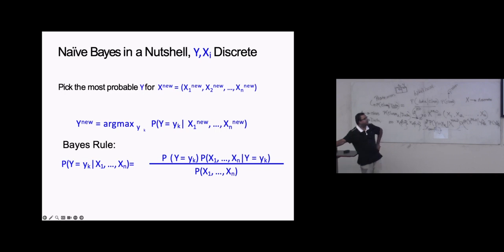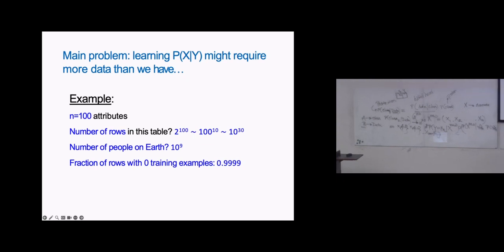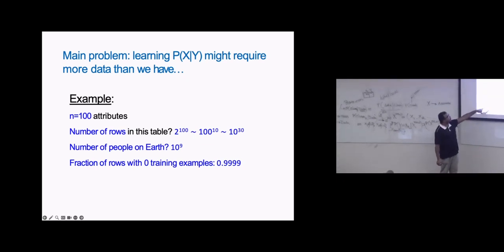So, here is the problem. The number of people on earth is 10 to the power 9, and then you need to estimate 10 to the power 30. So, the fraction of rows with 0 training examples will be almost 1. Still a big problem.